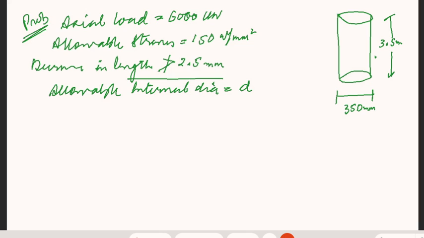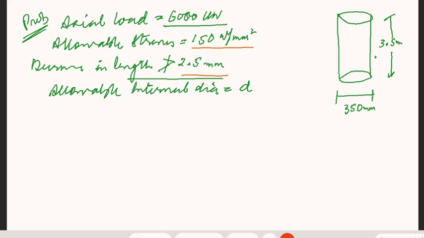Now I want to know how much amount of thickness is needed for this very hollow circular column in order to take how much amount of load? 6,000 kilonewton. And I also know that the allowable stress, which the material should not exceed, is 150 Newton per mm square. And I have one more condition, that the decrease in length should not be greater than 2.5 mm. Okay.